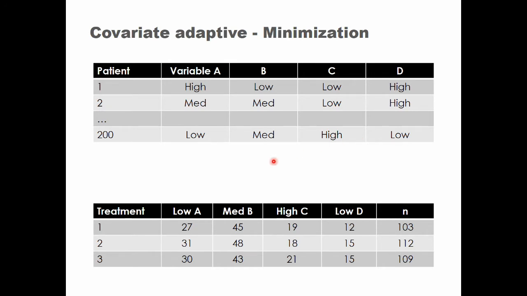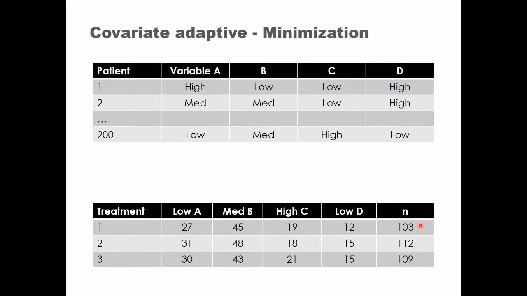What I can do is create a table where I have each of the treatments in the trial, and I can keep track of what combination of factors the patients that have gone into each of those treatments have. And then when it comes up to the next patient with a certain set of characteristics, I can just put them into that treatment.